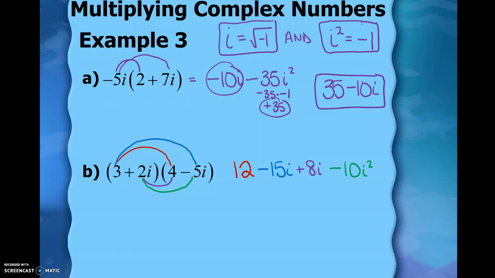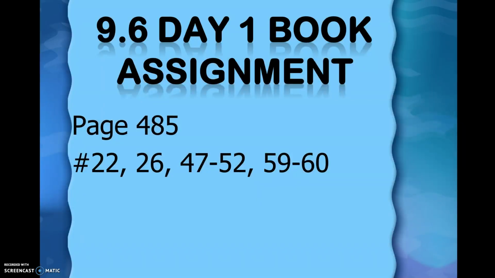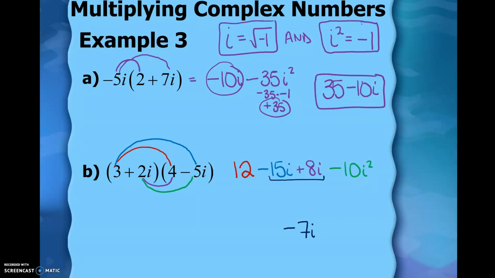Now let's talk about combining like terms. The first thing I see is that in the middle we have -15i and 8i. Those will combine to give us -7i. So we have 12, -7i, and -10i squared. But what do you know about i squared? i squared is -1.